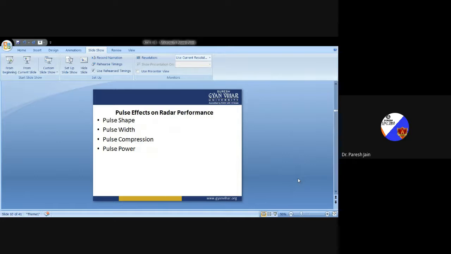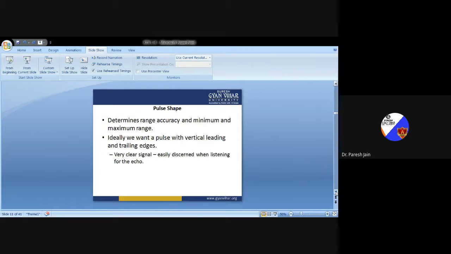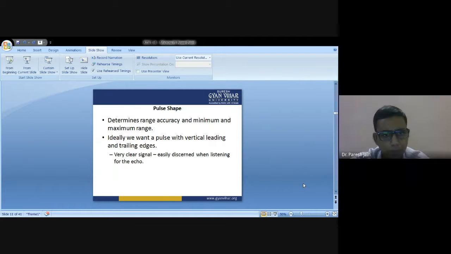Pulse effects on the radar performance. These are the pulse effects that affect the radar performance. We have four pulse effects: first is the pulse shape, then pulse width, pulse compression, and pulse power. Pulse shape determines range accuracy and the minimum and maximum range.